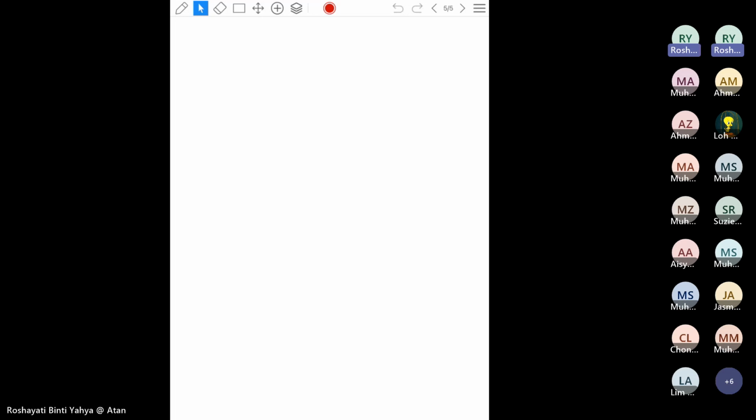Now, how about example 4.29? Inverse Laplace of S squared over S squared plus 4.